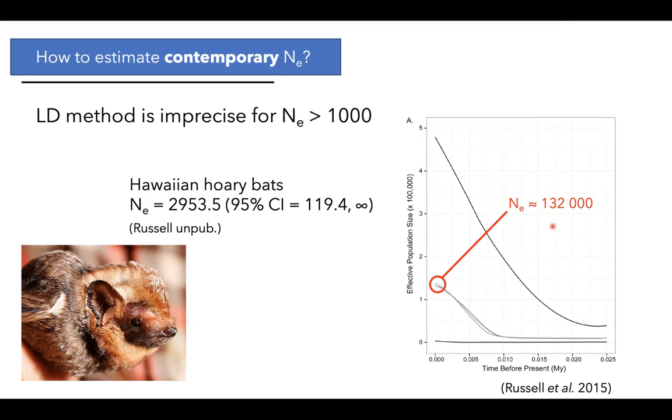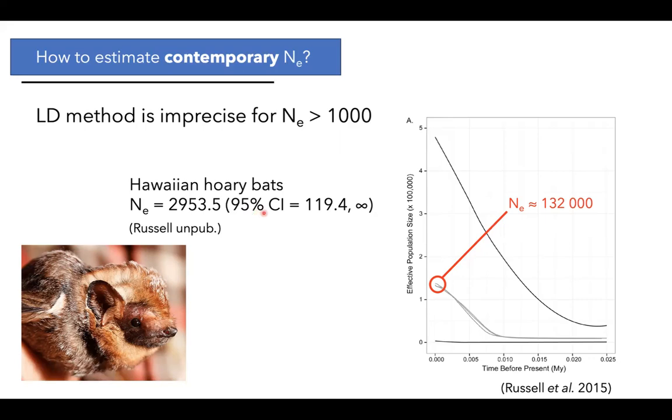population size. Now, I took some data from this same population and estimated NE using this linkage disequilibrium method, and this is what I got. So 3,000 individuals was my point estimate, but I want you to pay more attention to the confidence interval here.